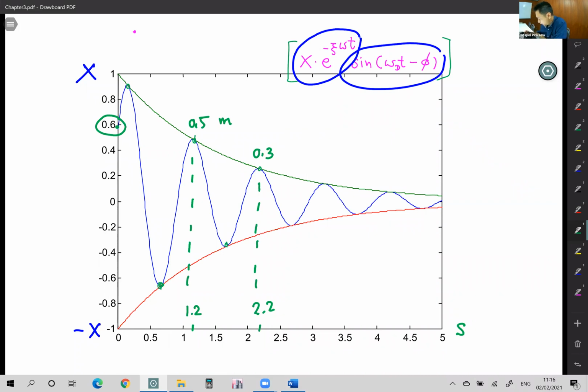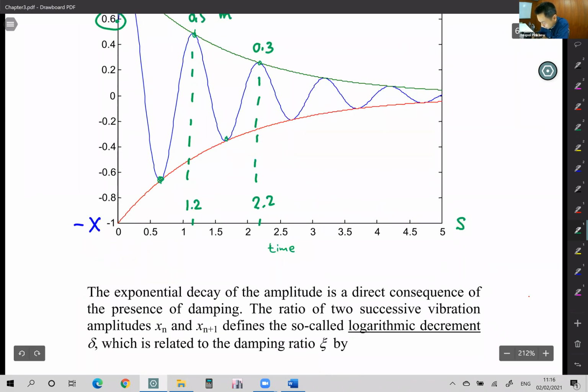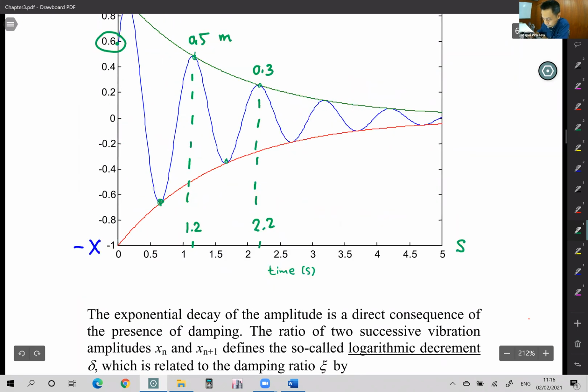So if you don't have questions, let me continue to explain a bit on the free vibrations. This is the plot of a function x of time t, of course. The x-axis is the time. Let me draw for you, is the time. Maybe the unit is a second.